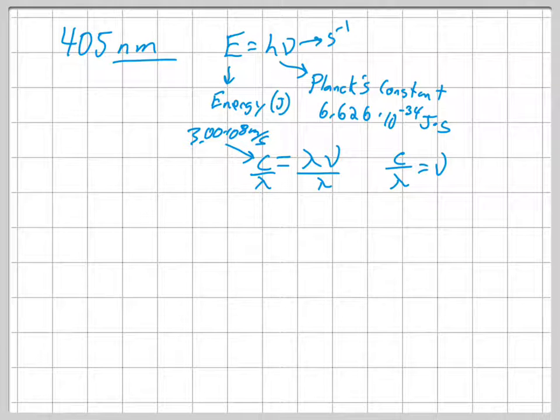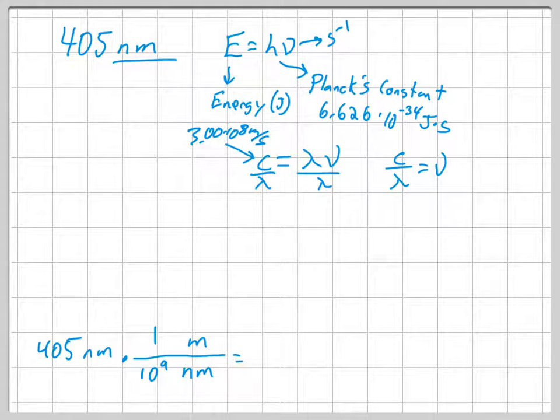So I'm going to go down here to the bottom. I'm going to convert 405 nanometers by just doing a dimensional analysis. I put nanometers on the bottom and meters on the top. And I know that nanometers is smaller, so I'm going to have a lot of them. So 1 meter is equal to 10 to the 9th nanometers, which would give us, when we cancel those units out, we wind up with meters, so we get 405 times 10 to the negative 9 meters.